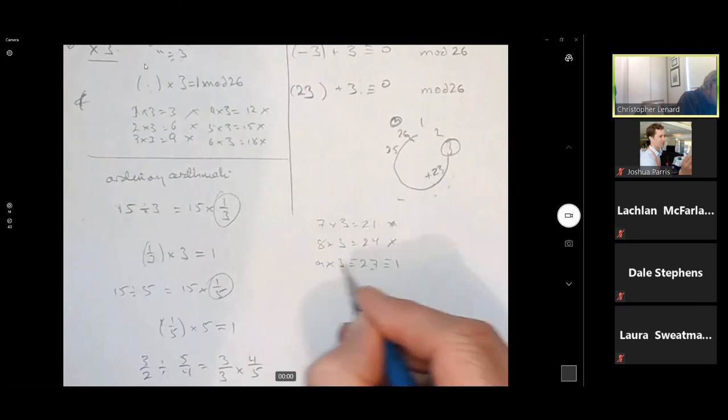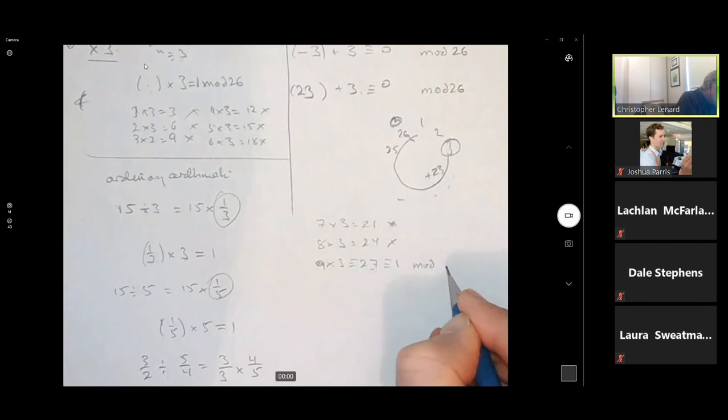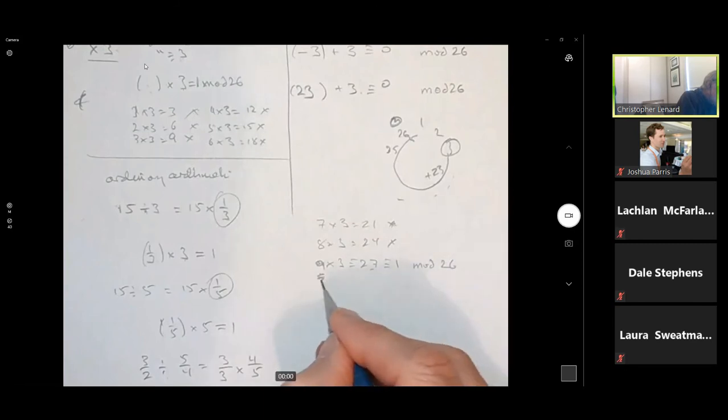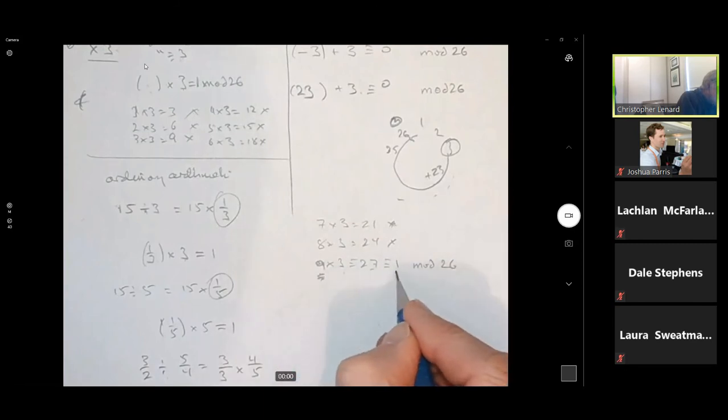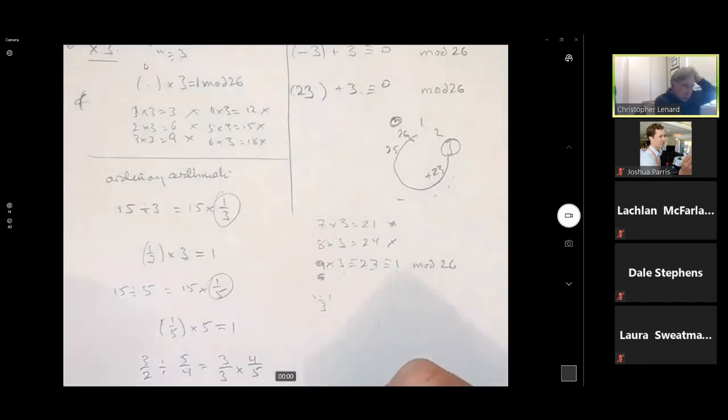That's interesting. 9 times 3 is 1 in the 26 system. So 9 is kind of like 1/3. I mean, it isn't equal to 1/3, but it sort of acts like a 1/3.